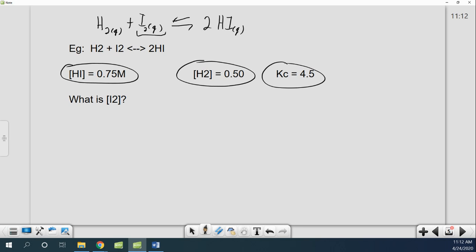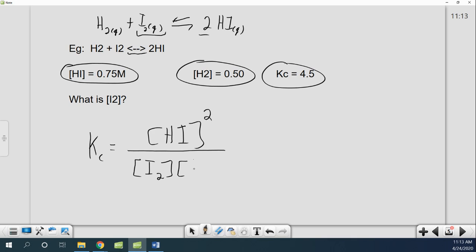So step 1: as soon as you see a double-sided arrow, it's a real good hint that step 1 is to write your equilibrium expression. So products to the power of the product's coefficient over reactants. Always products over reactants. You're going to be very sick of hearing me say products over reactants by the end of this unit, because that's all we're doing. All right, now we plug in what we know.